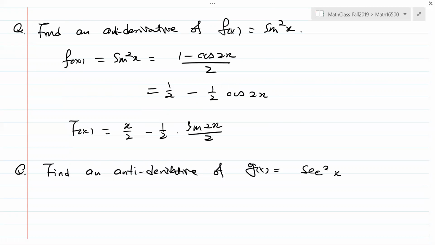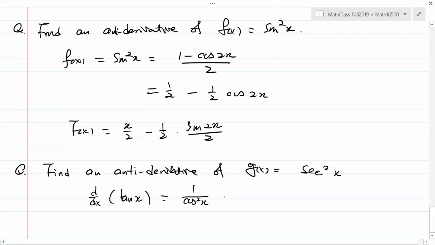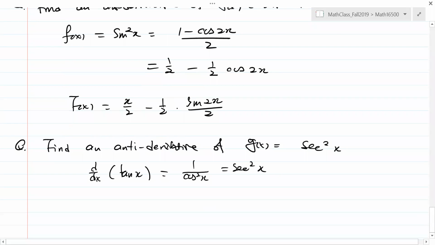We know that the derivative of tangent x is 1 over cosine squared x, which is secant squared x. So the antiderivative is going to be tangent x.